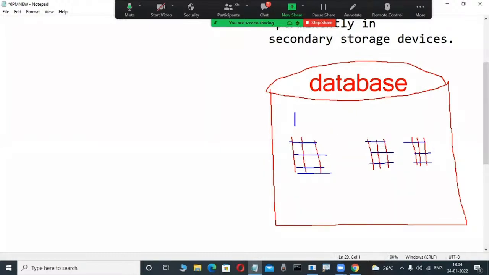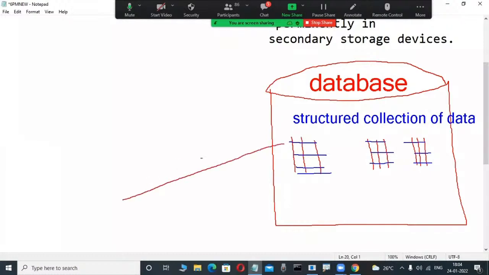This is what I told in the previous class. These databases always store a structured collection of data, organized fashion only. Once a structured collection of data is there, for handling and operating this data, by using what?